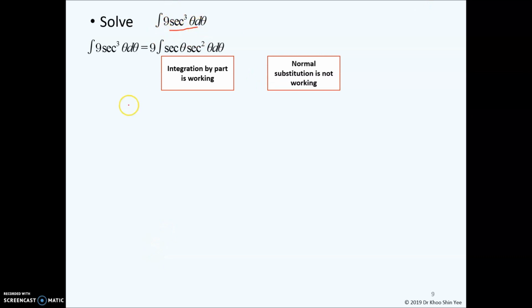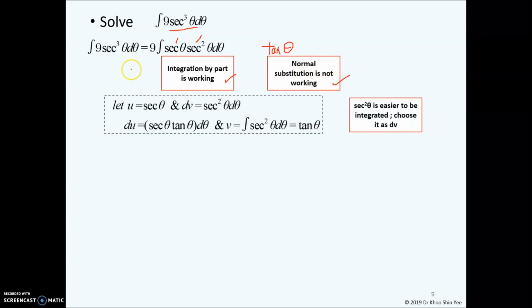Previously we got this, and you can see that you have a function secant angle, secant squared angle here, where we can easily integrate secant squared angle to be tangent, because if you differentiate tangent, you get secant squared angle. So we can use integration by parts, and normal substitution is not working here. We let u equal to secant angle, dv equal to secant squared angle d angle.